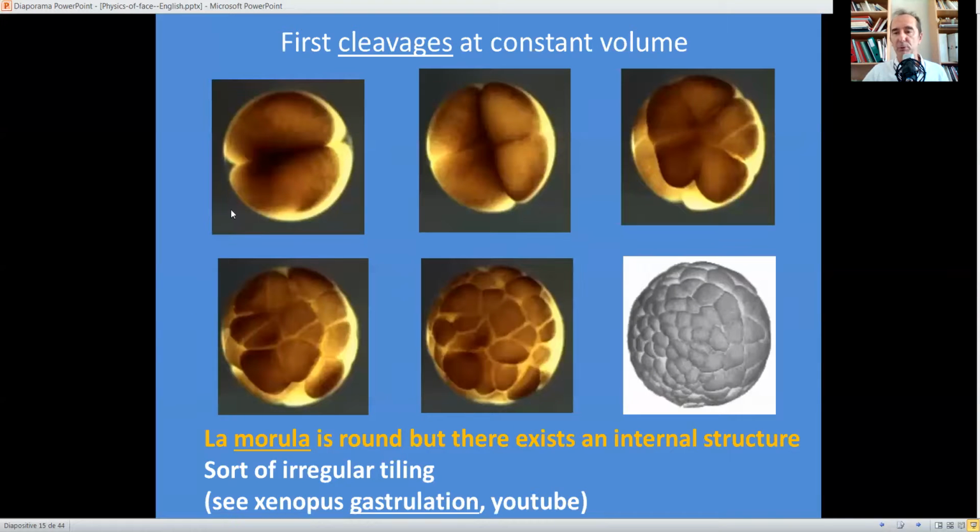So during development, you have cleavages at constant volume. You're maybe not aware of that, but the first divisions during embryo formation occur at a constant volume. And it's a matter of cleaving this mass. You have a first cleavage, a second cleavage. And after a while, you get a ball with an internal structure, sort of tiling.